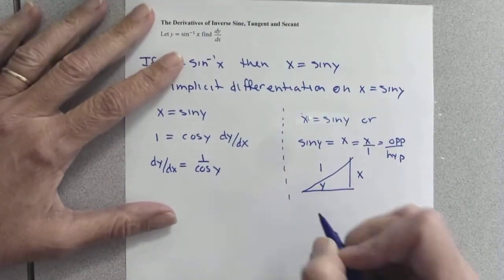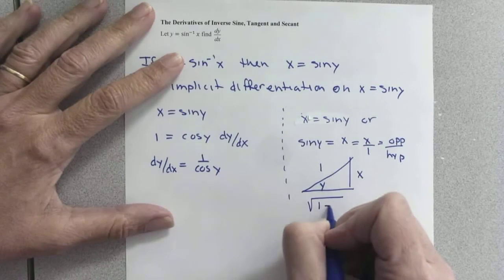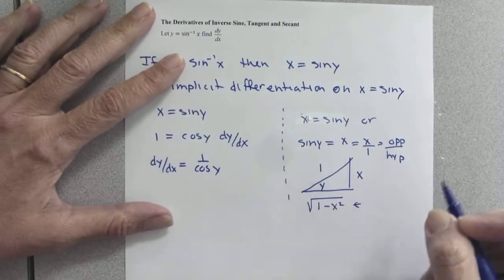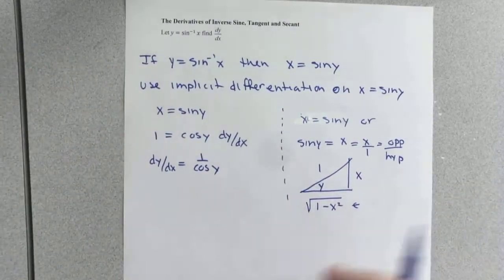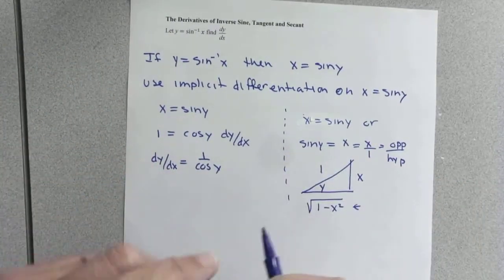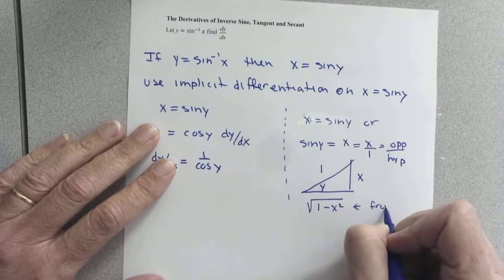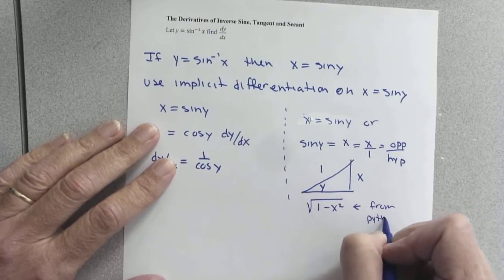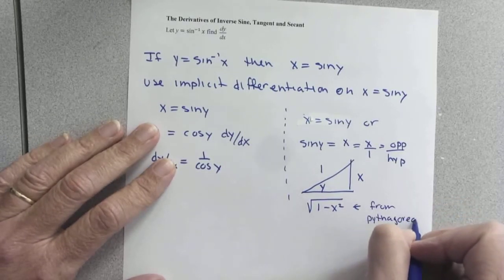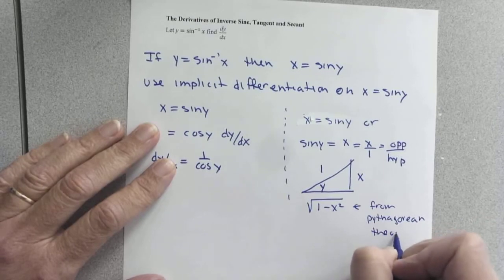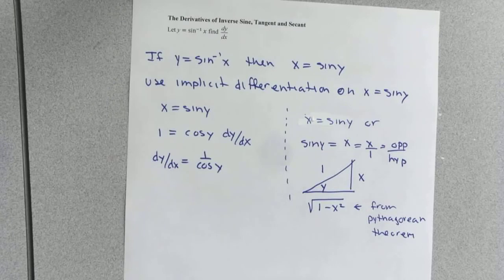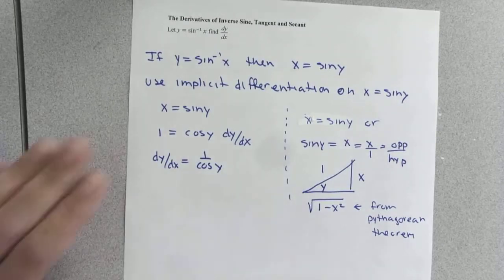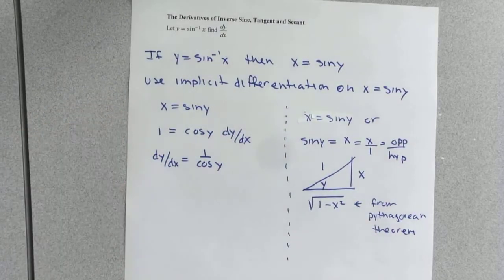Then a little Pythagorean theorem work tells me that that side down there has to be the square root of 1 minus x squared.